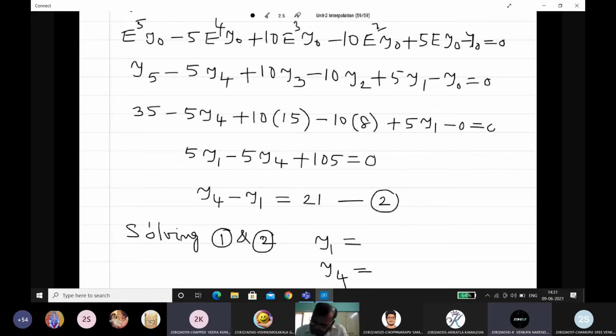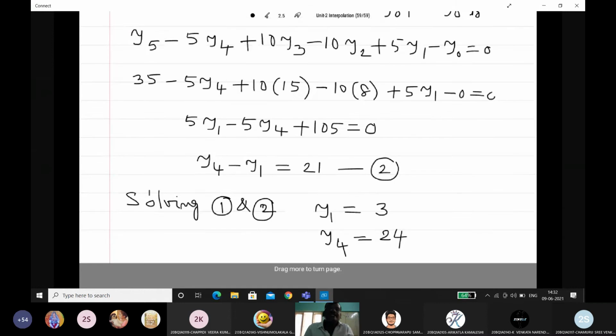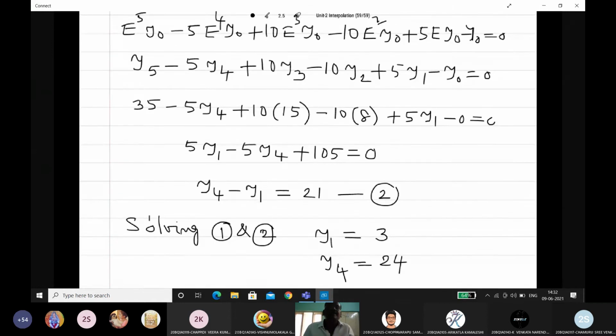Very good. y4 is equal to 24. Okay, good. So these are the missing numbers, found by another method.